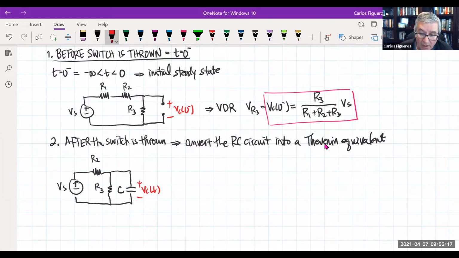So what do we do? We remove the cap. And so then what do I get here? I get a different circuit.